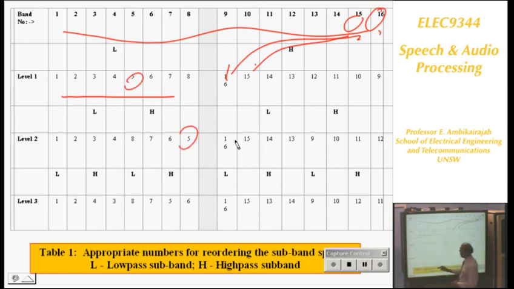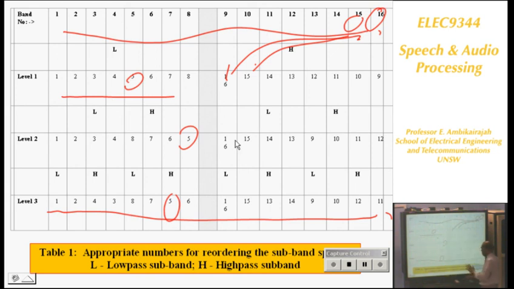When you come to level 3, they are not in the order of 1, 2, 3, 4, 5, 6, 7, 8. The 5th band, which you are expecting, is not here, it's here. So you need to reorder them if you're going to do frequency analysis. I'll go through that again with you.